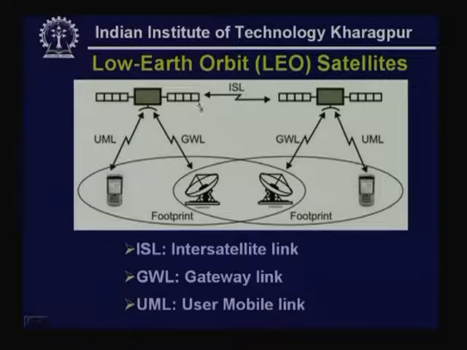And as you can see, this satellite can communicate with another satellite, and also the ground stations or gateway links. So, this is known as GWL, that is your gateway link, and third is your user mobile link. So, directly the mobile phones can communicate with the satellite in this case. So, there are three different types of links which are used for communication: ISL, GWL and UML, that is, inter-satellite link, gateway link and user mobile link.